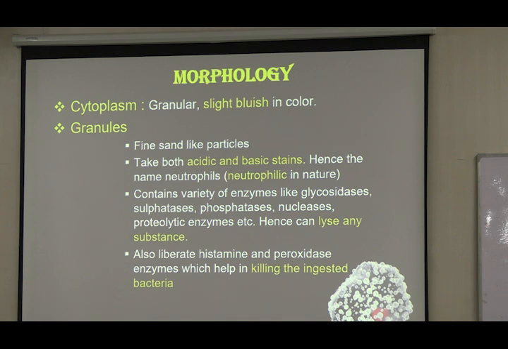They contain a variety of enzymes. We'll see a lot of enzymes. They possess a lot of enzymes, and they are all used for the purpose of fighting the invading organisms or the toxins.